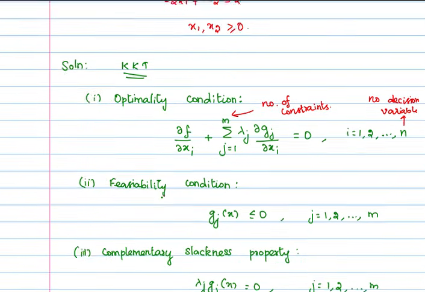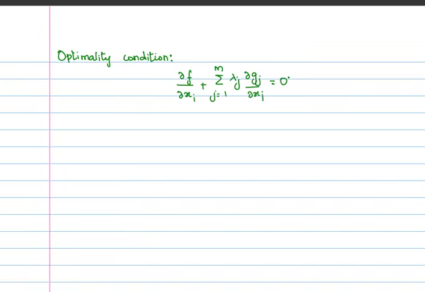So first I want to apply the optimality condition, which gives ∂f/∂xi plus summation j equal to 1 to m of lambda j times ∂gj/∂xi equal to 0.